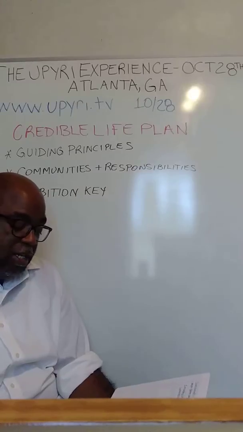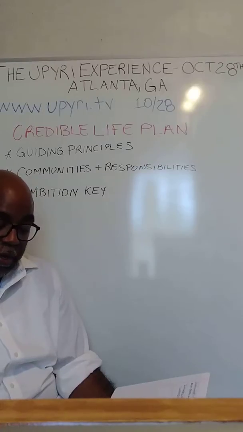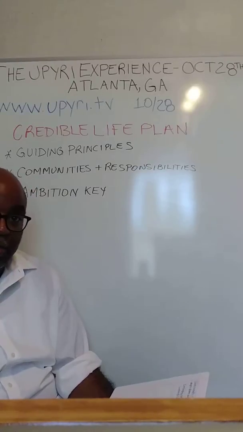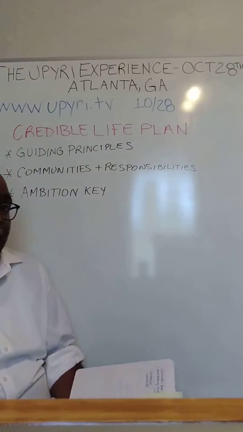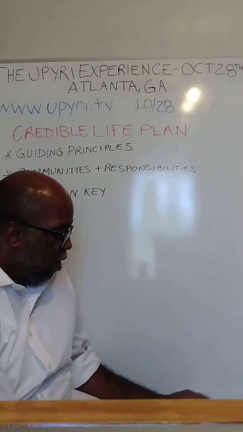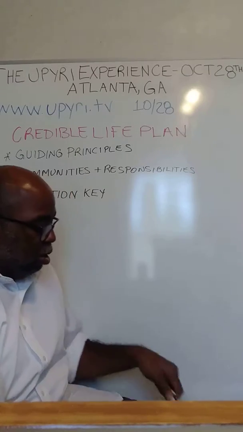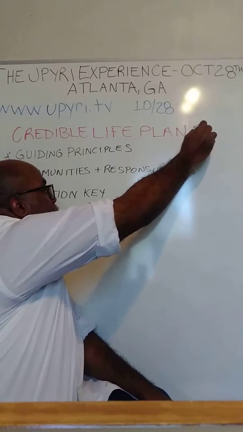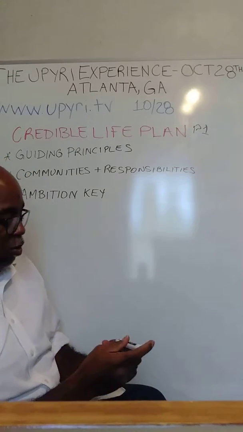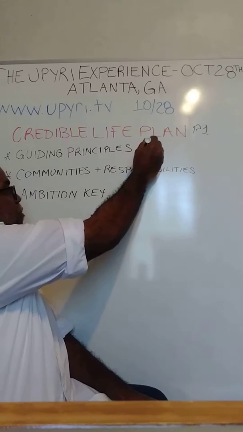And then our log line: a struggling actor is tricked into the role of ASL tutor, which is American Sign Language tutor. So we've got our guiding principles. This is part 1. We copy and paste our guiding principles from our guiding principles worksheet.